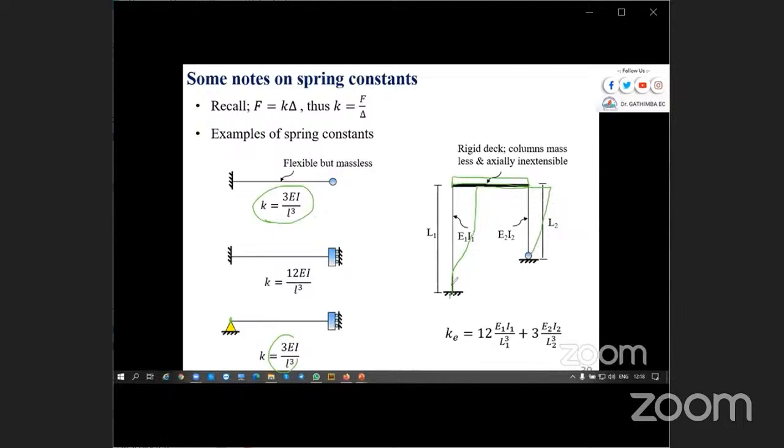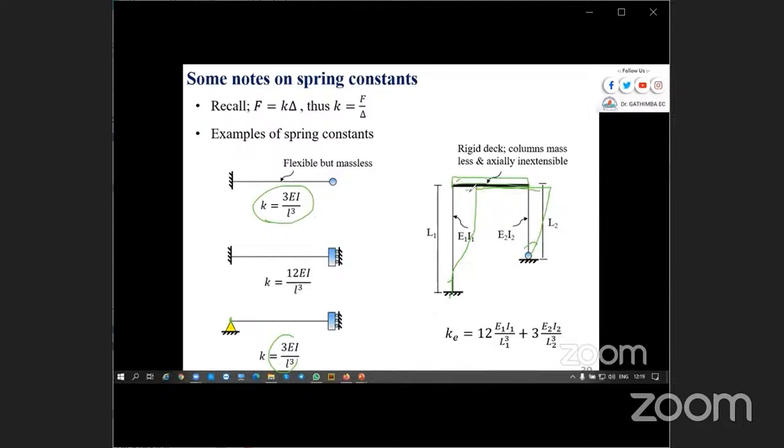Remember here there is rotation, here there is no rotation because of the fixity. Because of the rigidity of the beam, the deck doesn't deform. If you look at this top part, the column is just sliding.